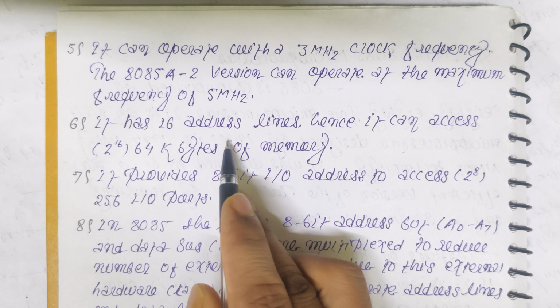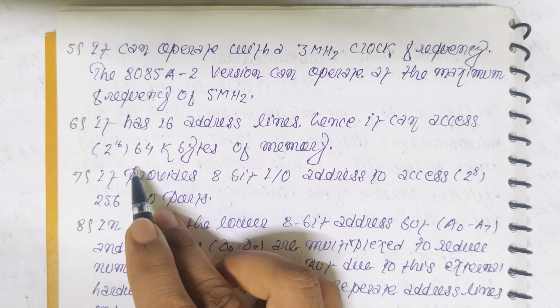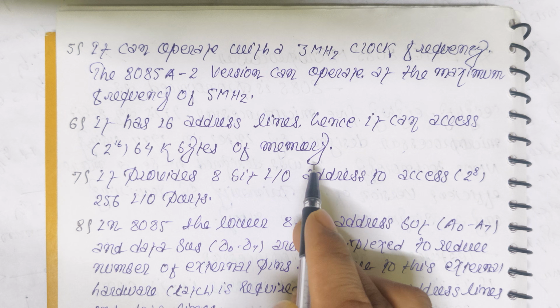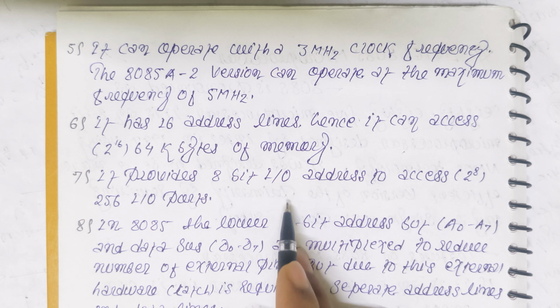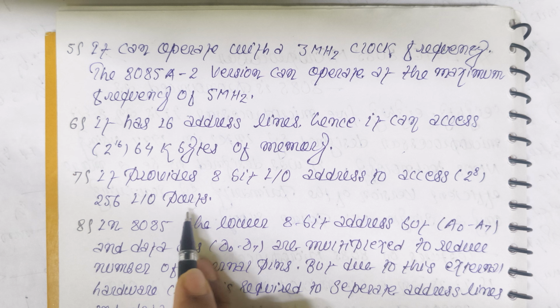Sixth, it has 16 address lines. Hence, it can access 2 to the power 16, 64K bytes of memory. Seventh, it provides an 8-bit I/O address to access 256 I/O ports.